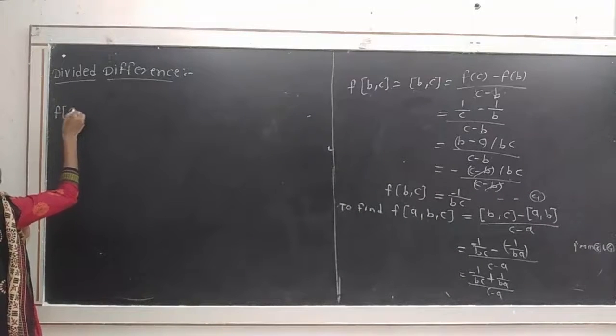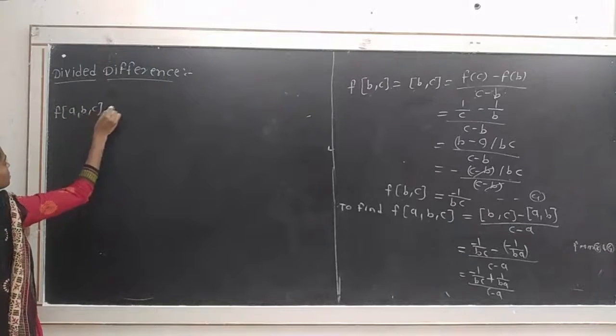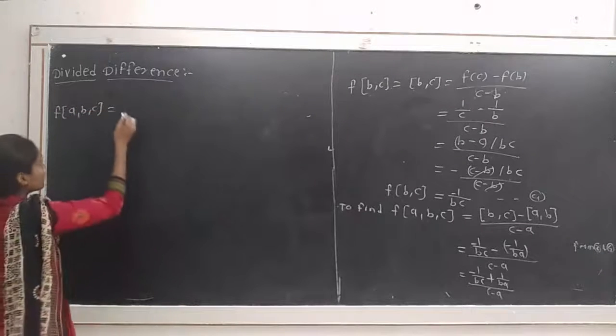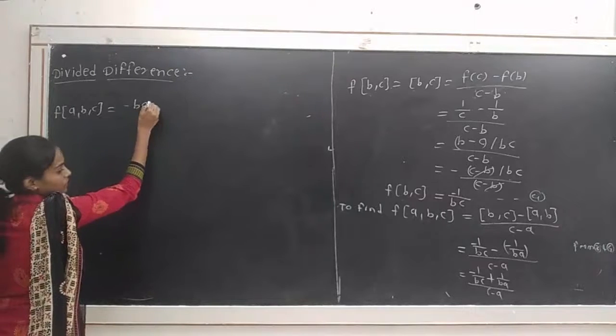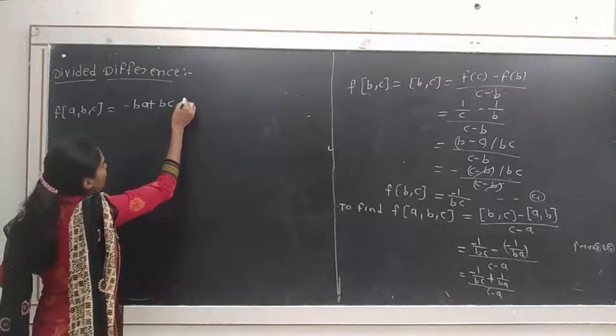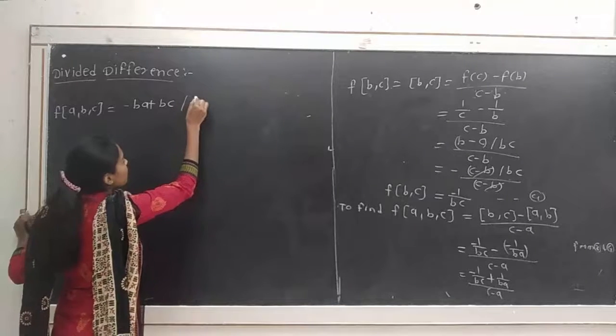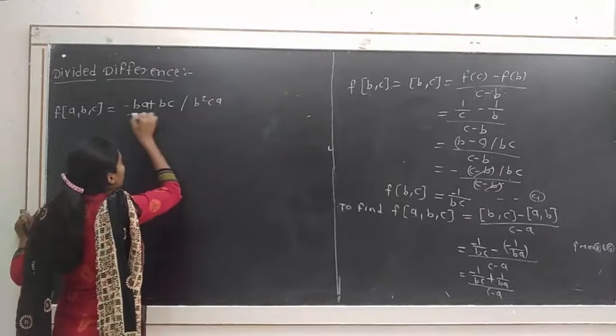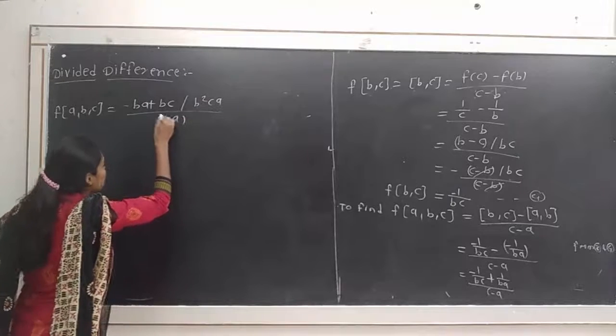After solving, by taking cross multiplication we get f of ABC equal to minus BA plus BC divided by B square C into A, and the whole divided by C minus A.